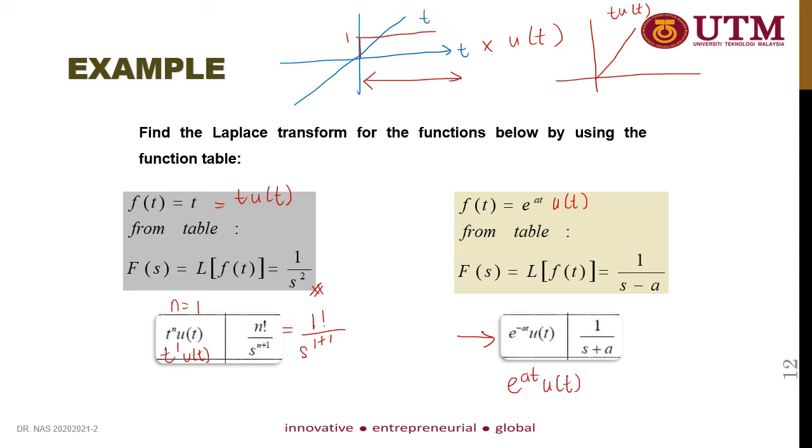So your e exponent in this case is equal to negative a. From the table, e^(-at) u(t) is given by 1 divided by s plus a. So your a in this case is negative a, and that's why F(s) equals 1 divided by s minus a.